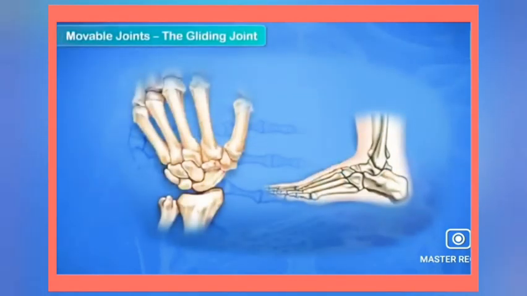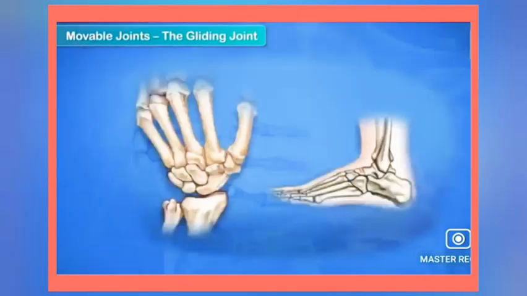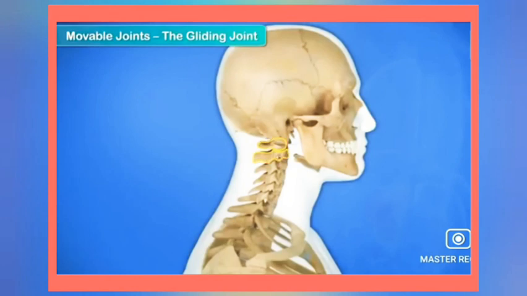The gliding joint. The gliding joint allows a set of complex movements. The joints in the ankles, wrists, and the joints between most of the vertebrae are gliding joints.